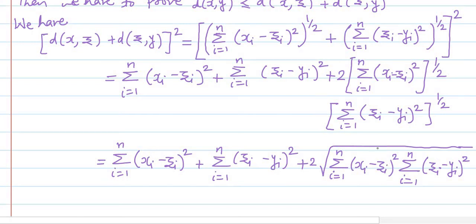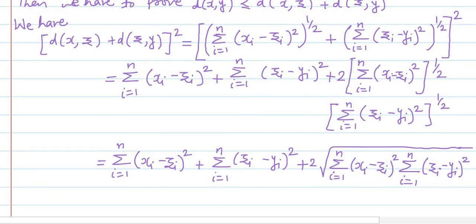Next, we'll use the Cauchy-Schwarz inequality here for this last term. By the Cauchy-Schwarz inequality which we proved just now, the last term will be greater than or equal to the summation over i equal to 1 to n of (xi minus zi) into (zi minus yi).